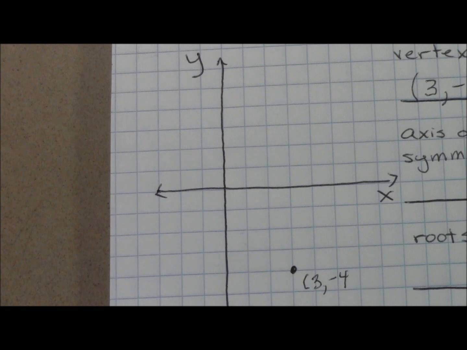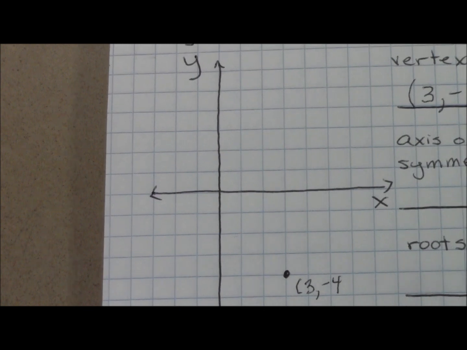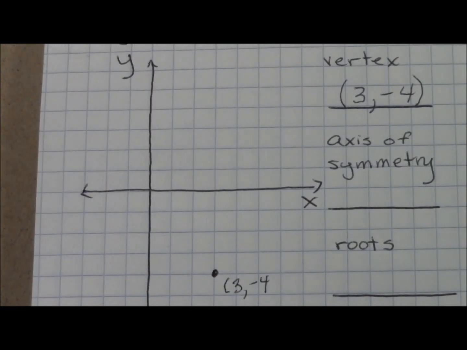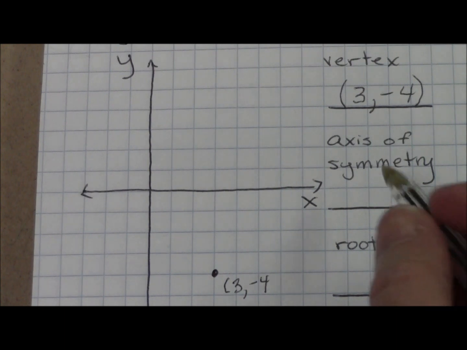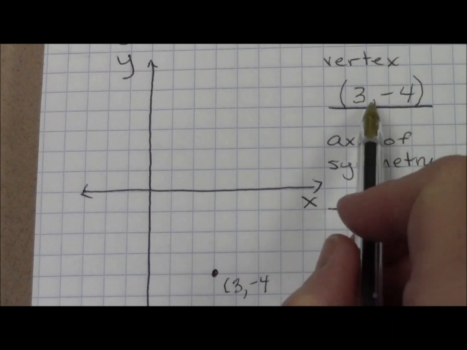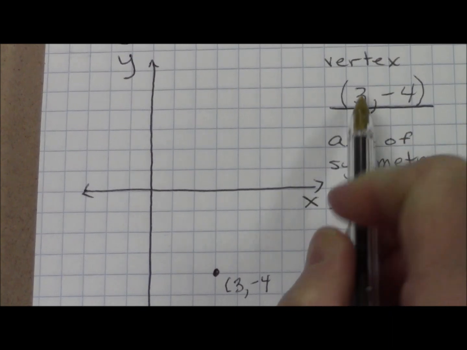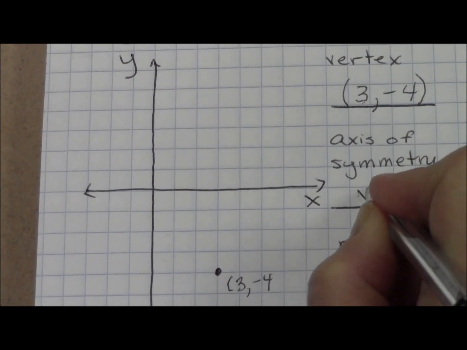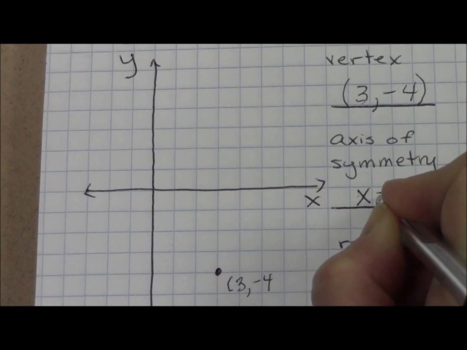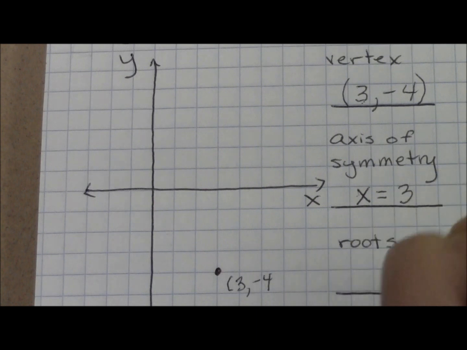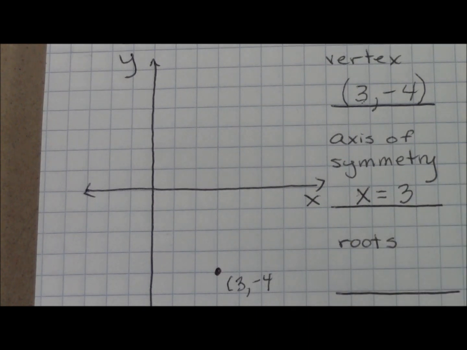Now, what we need to do is also find the axis of symmetry. We don't need to use the calculator again at all for that, because the axis of symmetry is the line where x equals the x value in the vertex. So all we need to do is write in x equals 3, and we can just sketch in our axis of symmetry.